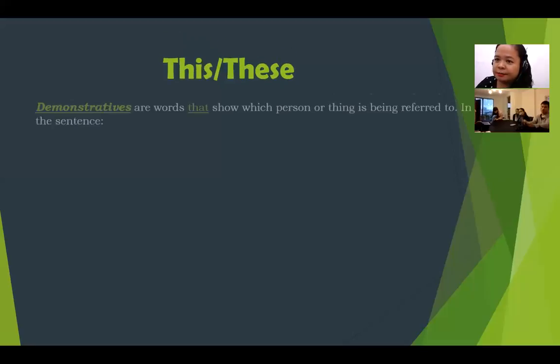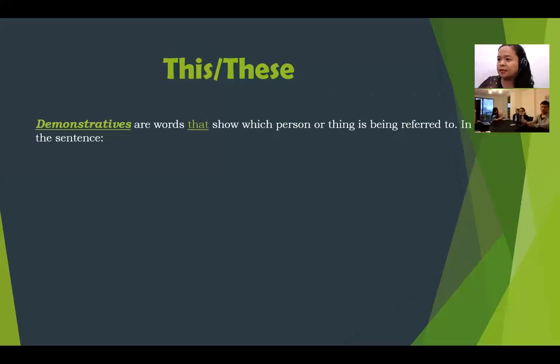So let's start. The words this and these are demonstratives. So Kiwi, please read. Demonstratives are words that show which person or thing is being referred to in the sentence.